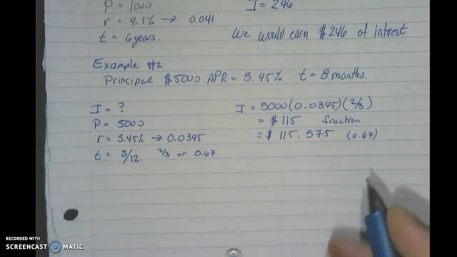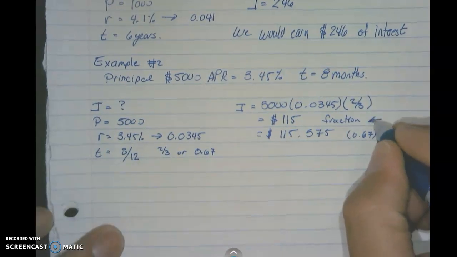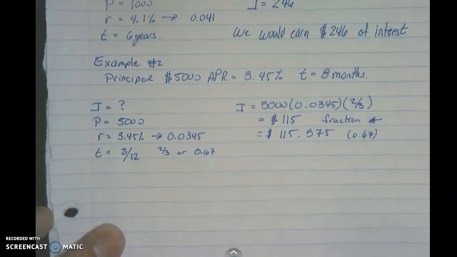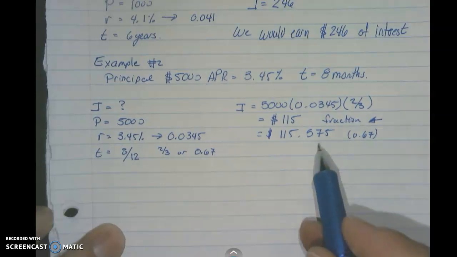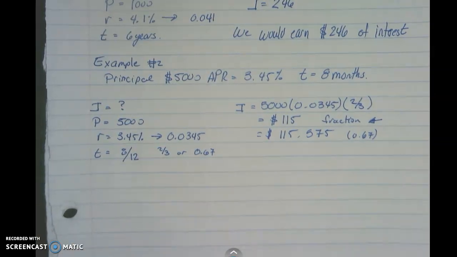Now, if you were a financial institution, which one would you use? Nope. If you're the financial institution, you're going to be using this guy. Okay? Because you're trying to make money, and this is giving money to the customer. And so you got to be consistent. So they'd use 2/3.